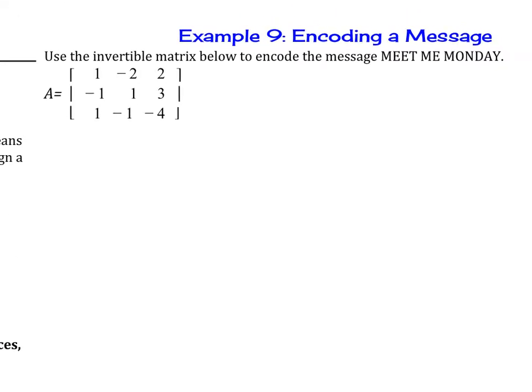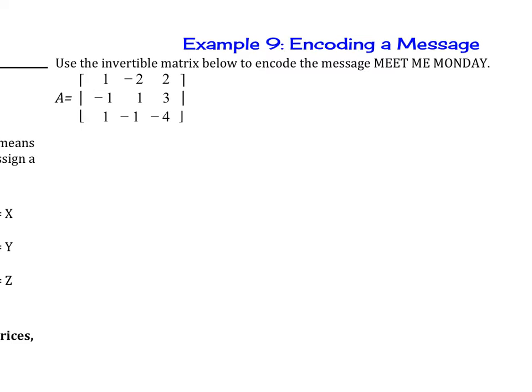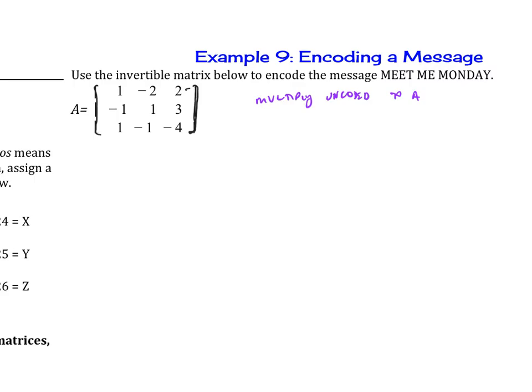Now we're going to use the invertible matrix below to encode the message, meet me Monday. In order to encode it, we multiply each of the uncoded matrices by A. Let me start this off.